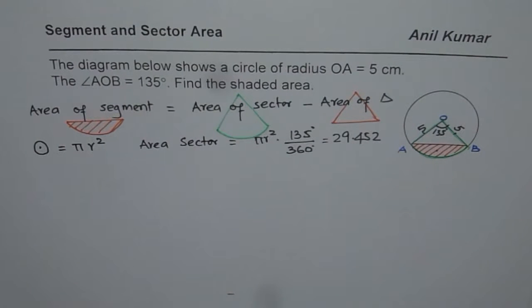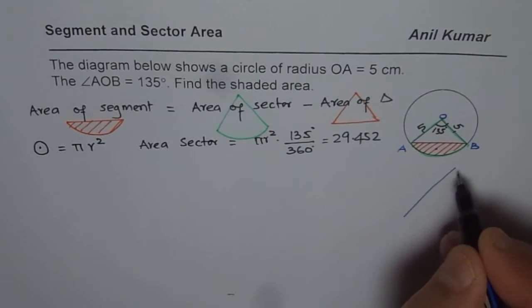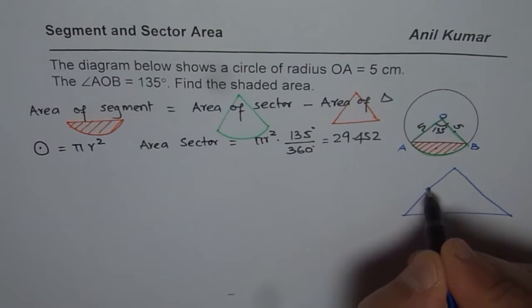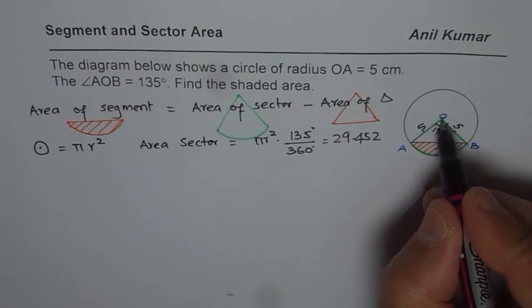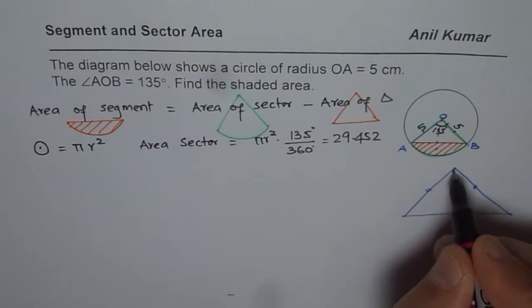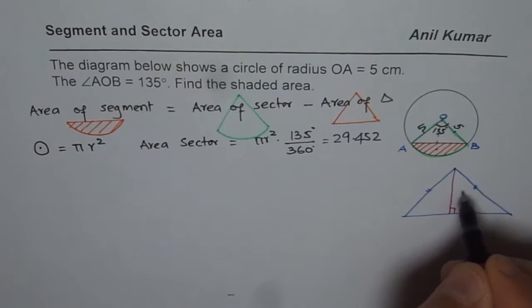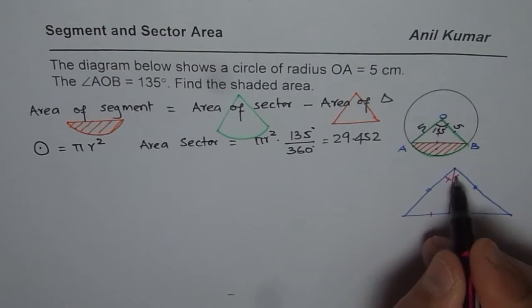Now we need to find area of the triangle. How to find area of this triangle? For that, let me make a bigger triangle, the same thing, so that we can understand how to find this. It's an isosceles triangle, correct? To find the area, we can drop a perpendicular like this. Since this is an isosceles triangle, these sides will be equal and the angles will also be equal, correct?